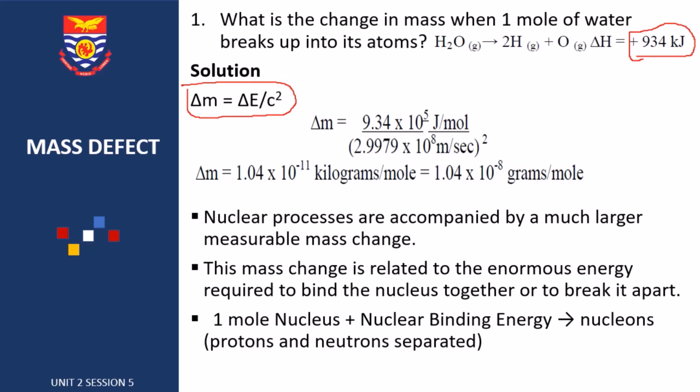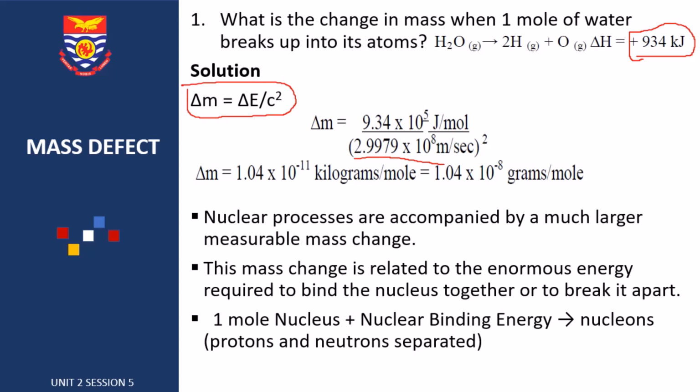So change in mass will be equal to 934 times 10 to the power 3 joules per mole over speed of light squared. Speed of light is 2.9979 times 10 to the power 8 meters per second. So this is the speed of light, and this is the energy change.